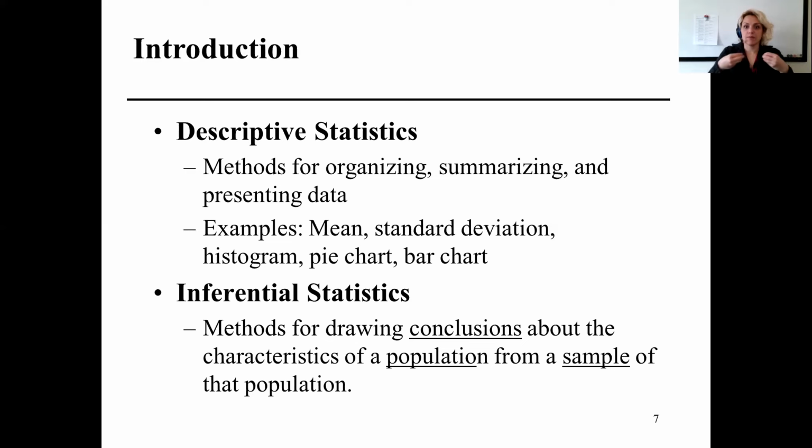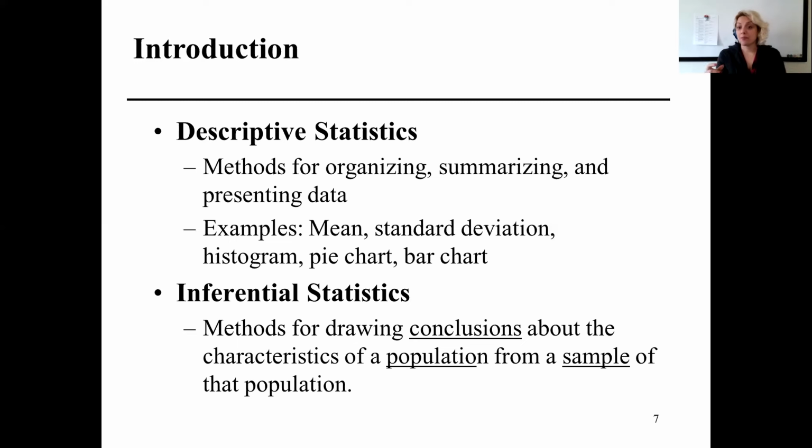It is descriptive, right? The next one is inferential statistics. Inferential statistics is in fact the methods for drawing conclusions about the characteristics of your population from a sample of the population.